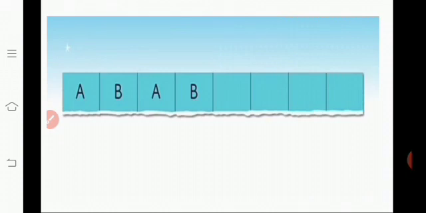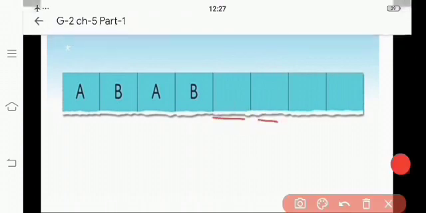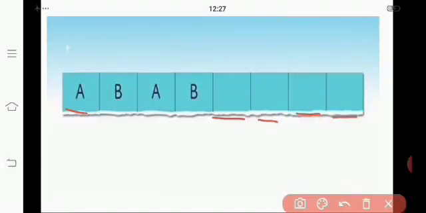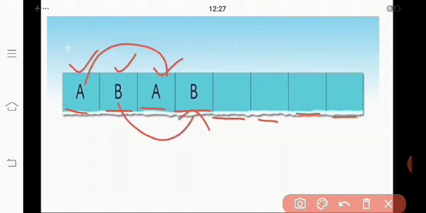We can find patterns in letters too. Now observe the given pattern and write the next 4 letters. A, B, A, B. We can see the letter A and the letter B are placed alternately.